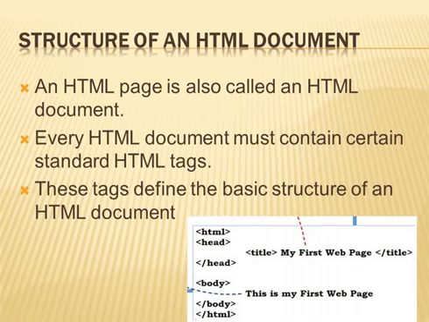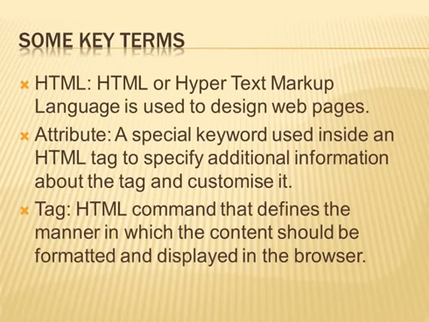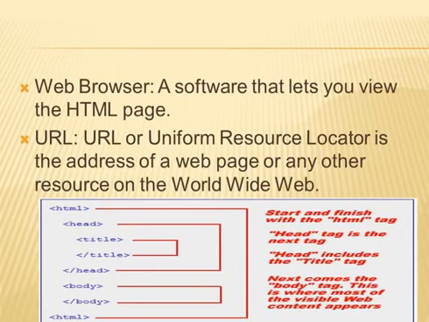Web browser. A software that lets you view the HTML page. Example, Internet Explorer, Opera, Netscape Navigator, Google Chrome, etc. URL, Uniform Resource Locator, or URL is the address of a web page or any other resource on the World Wide Web. With that, we wind up today's session.